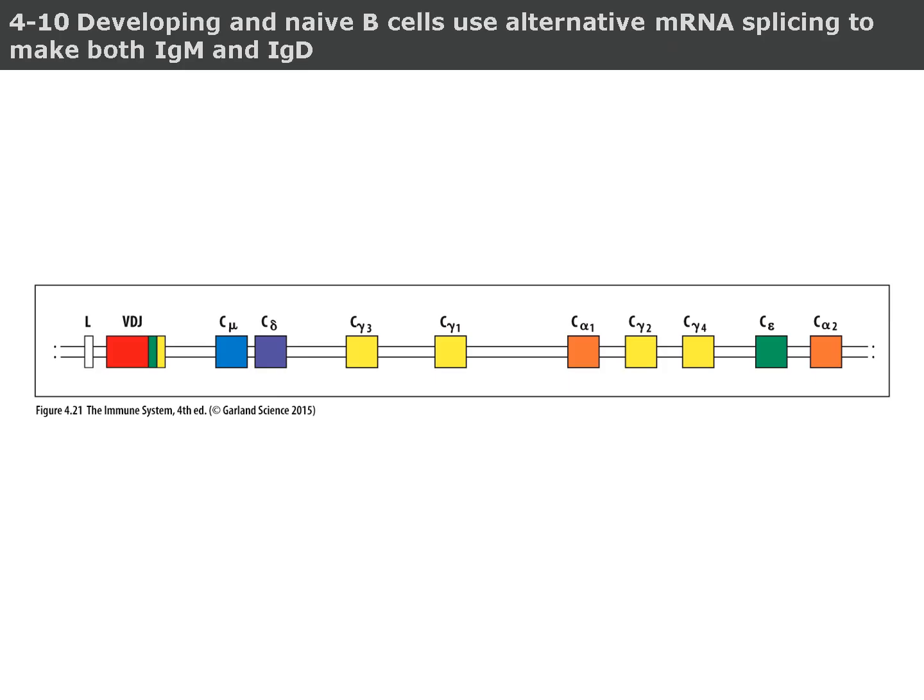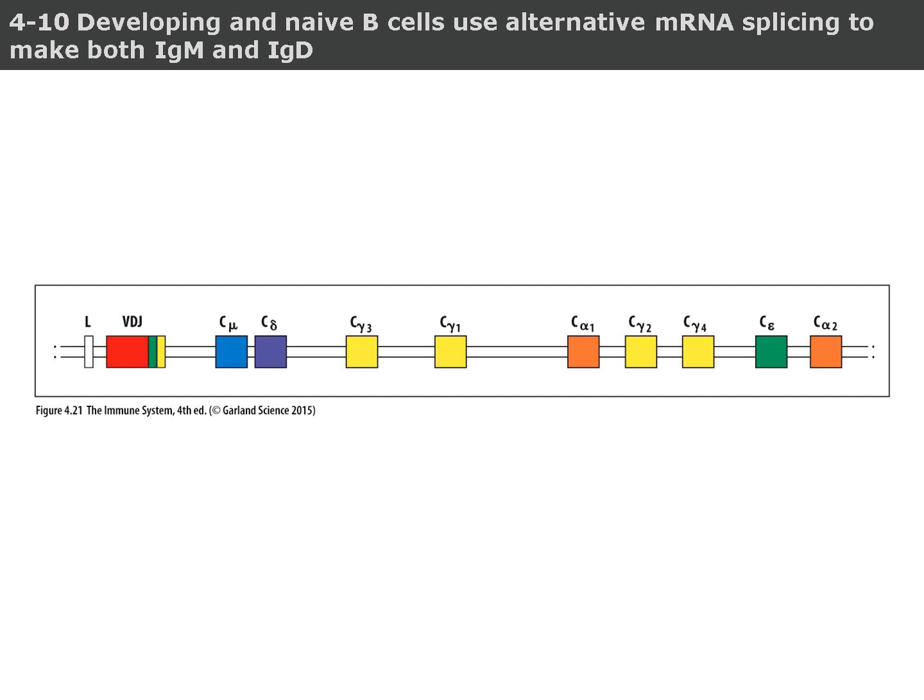This figure illustrates how developing and naive B cells produce both immunoglobulin M and immunoglobulin D through a process called alternative messenger RNA splicing. Following somatic recombination, the variable, diversity, and joining segments are brought together to form the variable region of the heavy chain.